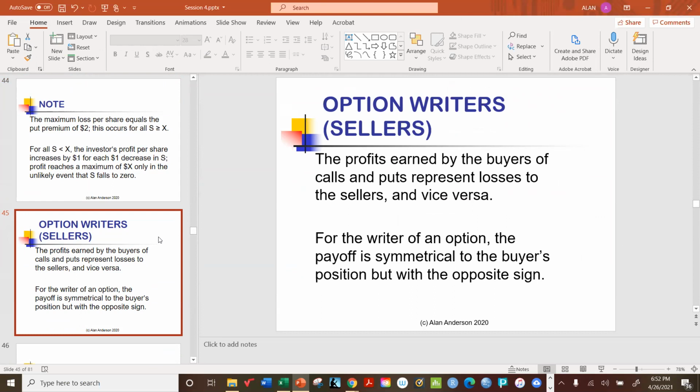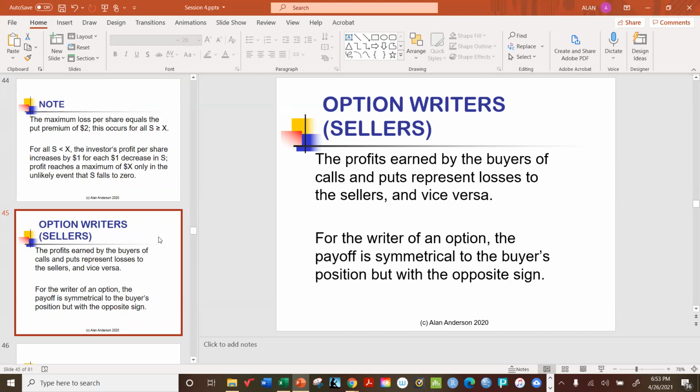If I buy this from the Chicago Mercantile Exchange, they will match me up with the seller, and I never see the other side of that position. I have no idea who's on the other side. I just know that I bought this option on the Chicago Mercantile Exchange, and that behind the scenes, they've hooked me up with a seller. So once again, my profits are his loss and vice versa.